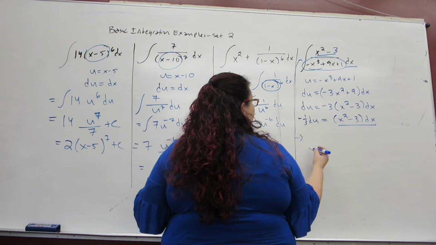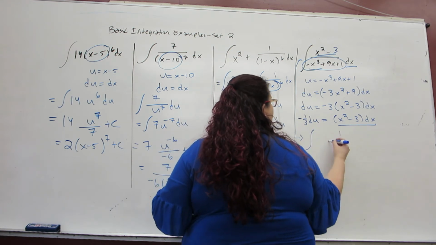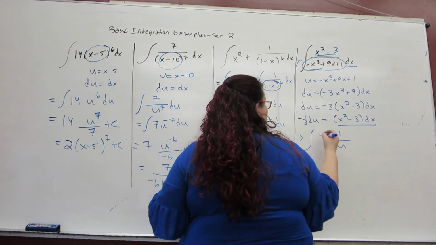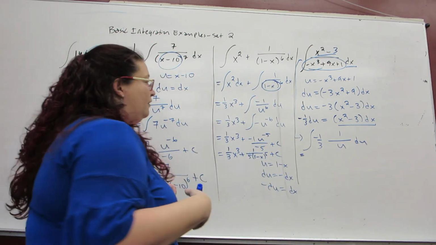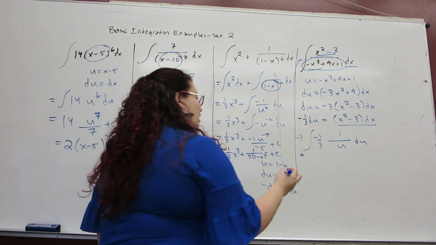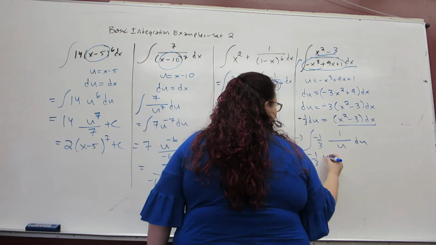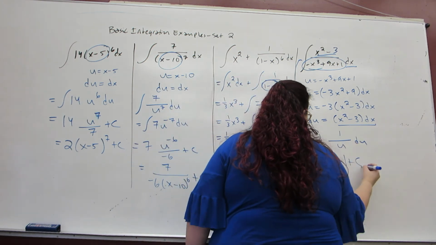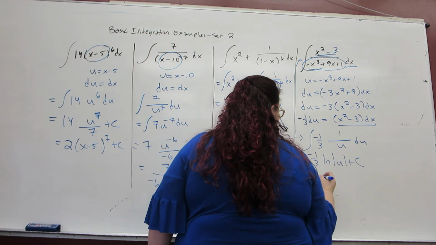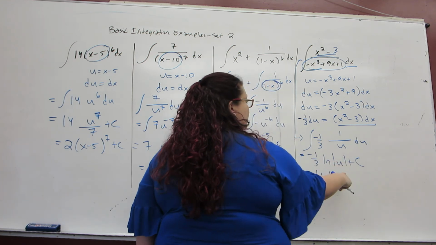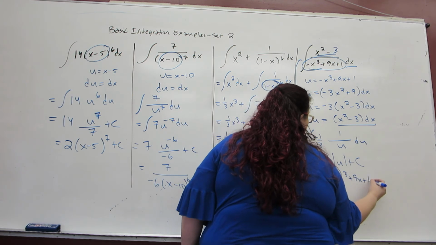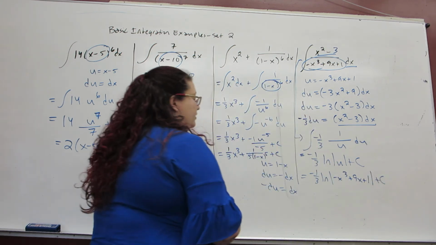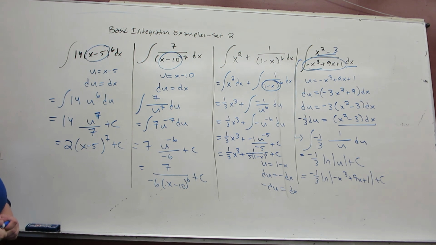So my integral now becomes 1 over u times minus 1/3 du. Now, even though this looks an awful lot like power rule, it's not. The antiderivative of 1 over u is ln of the absolute value of u. And then, of course, undoing our substitution by plugging in what u equals gives us our final result for the antiderivative.